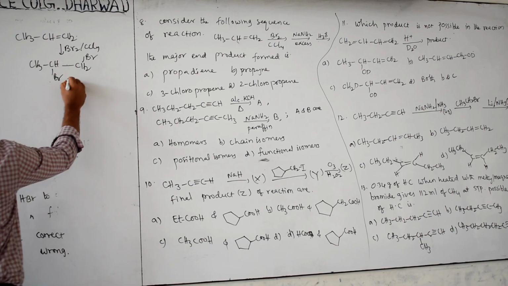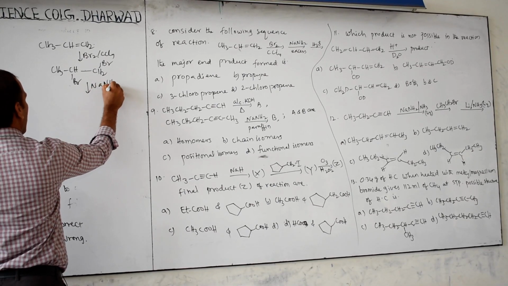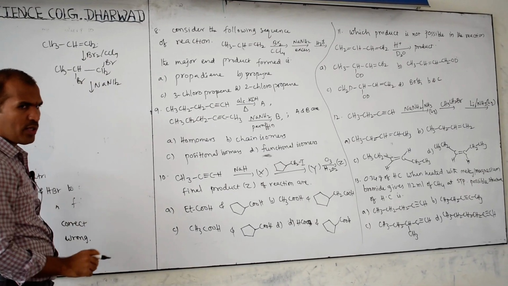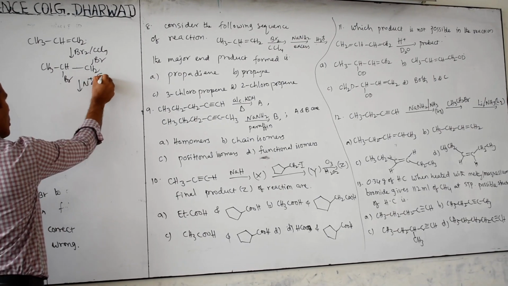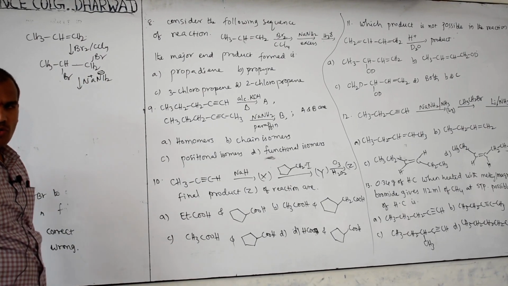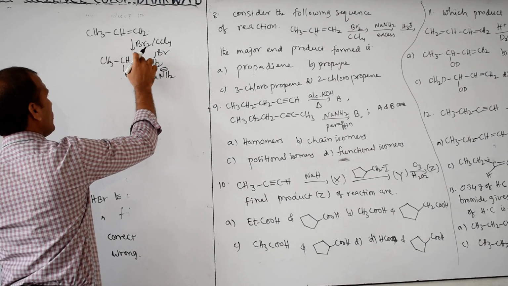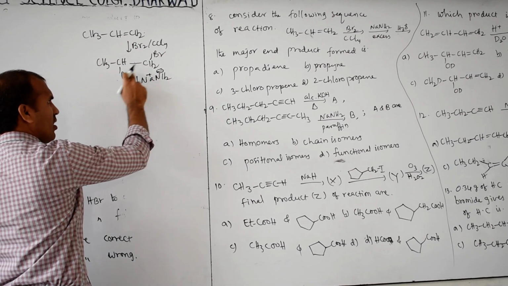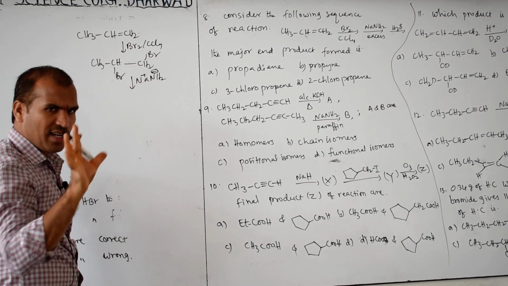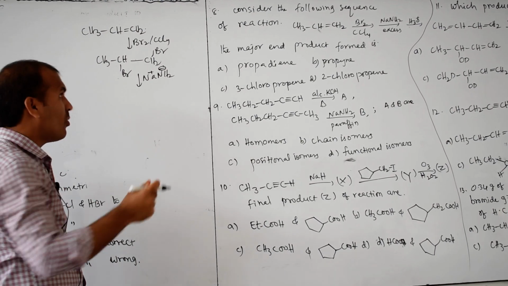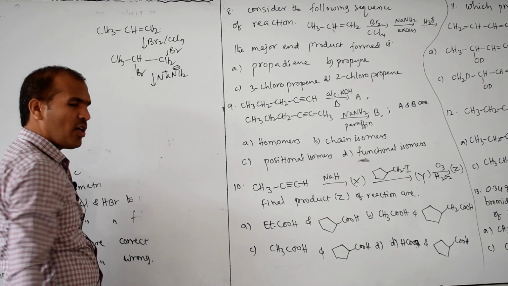Next, what happened? NaNH2. Already I told you that this is a very strong base. When strong base is there, bromine is there here and H, one H and one Br lost the first time. Second time, one Br and one H lost. Then how many pi bonds form?